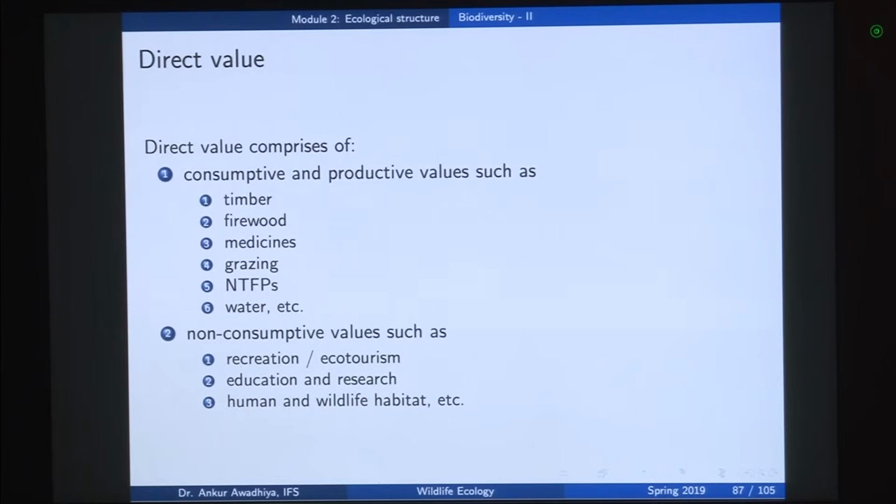So, it is an anti-malarial drug. Or for instance, things like Rauwolfia serpentina, it is another medicinal plant. The forests are till date quite unexplored. So, if we get into the forest, it is quite possible that we might find some other medicinal plant, but we can only make use of these if the forest is still surviving there. So, that is the first value, that is the direct value.